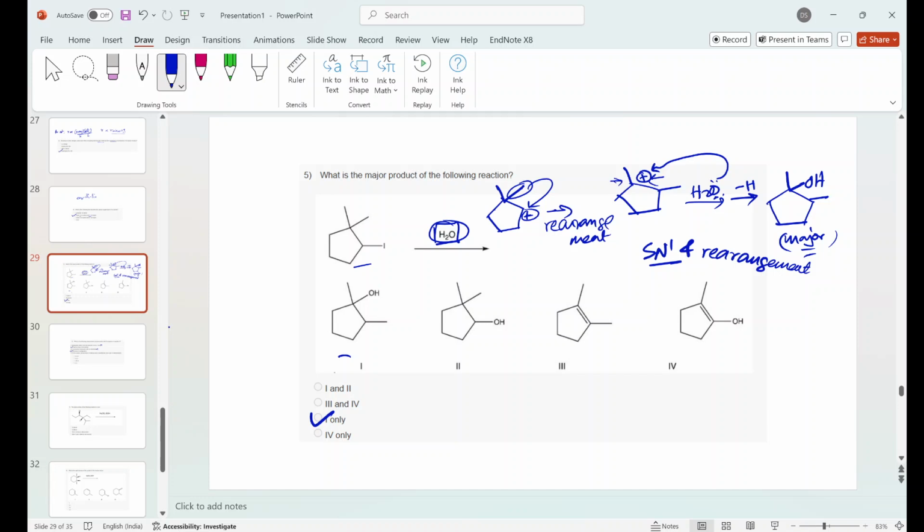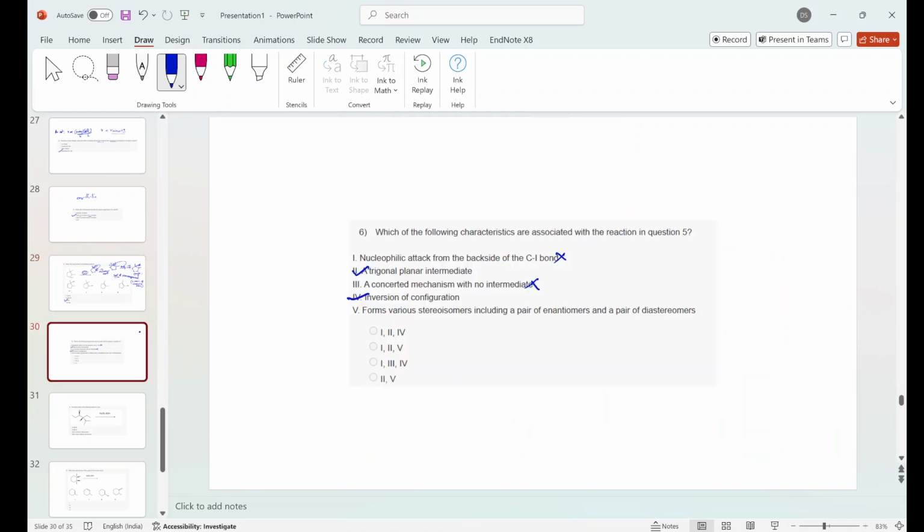Not two pair, one pair of enantiomers. Okay, so this is various stereoisomers including one pair of diastereomers. So diastereomer possibility is not there, so this will not be right. So 2 and 4 only.